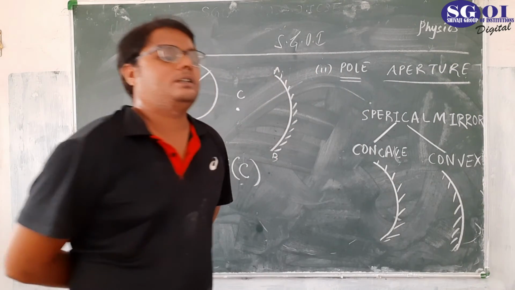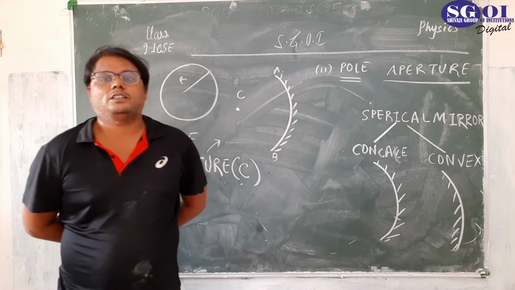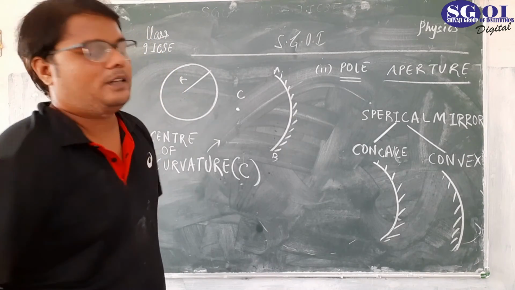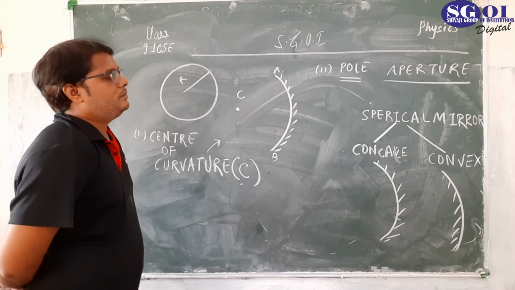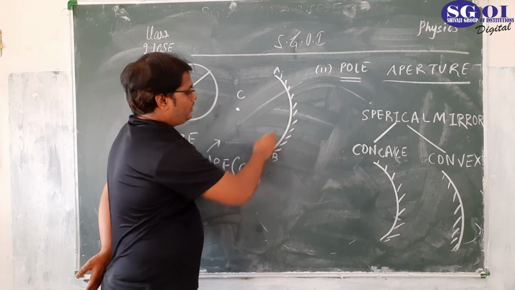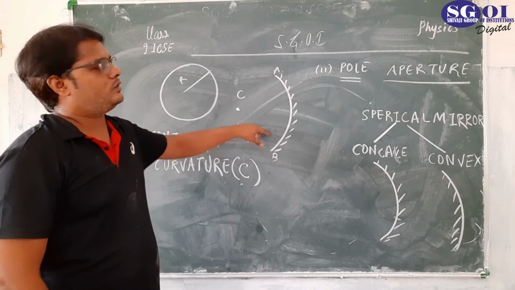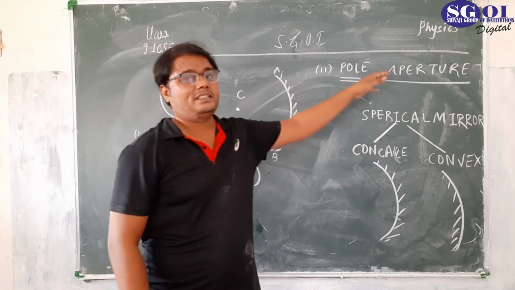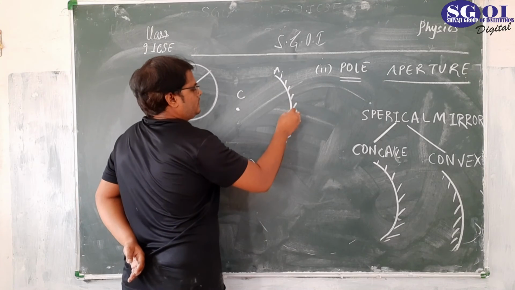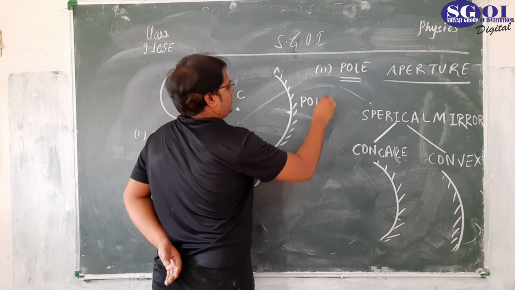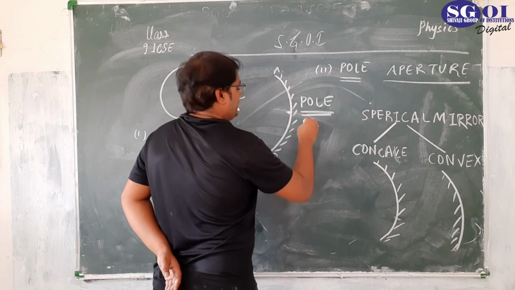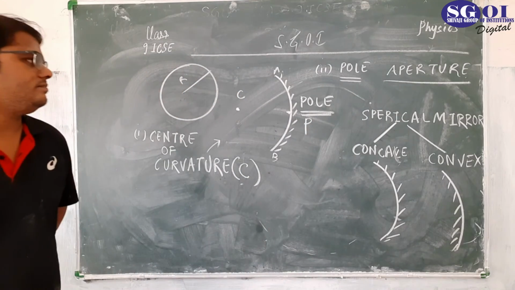The larger the aperture, the brighter the image would be. So lenses with large aperture are preferred because they form a brighter image. This unpolished surface AB is called the aperture of the mirror, and the midpoint of this surface AB is known as the pole, and it is represented by capital letter P.